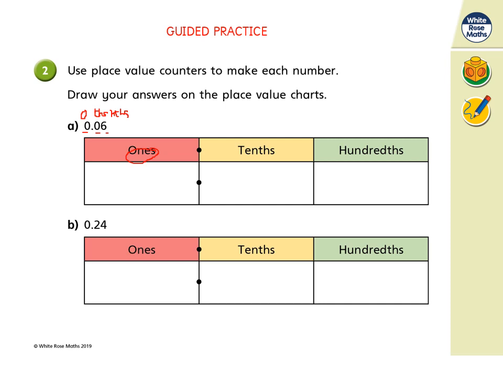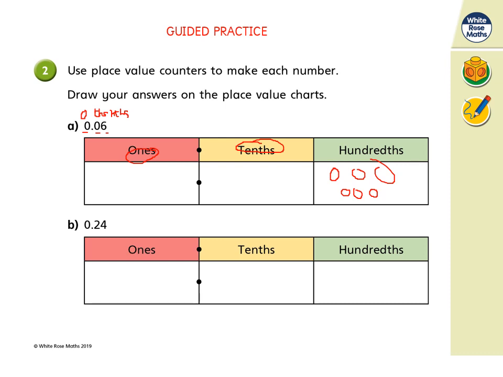Okay, no counters there. There are no tenths, so I won't draw any counters in my tenths column, but there are 6 hundredths, so I'm going to actually draw, yes, 6 counters in there. 1, 2, 3, 4, 5, 6. Gosh, that third one went a bit dodgy, didn't it? Okay, so now you can see I've represented in my place value grid that I have 0.06 because I have 6 hundredths, and I've represented that by using 6 counters.